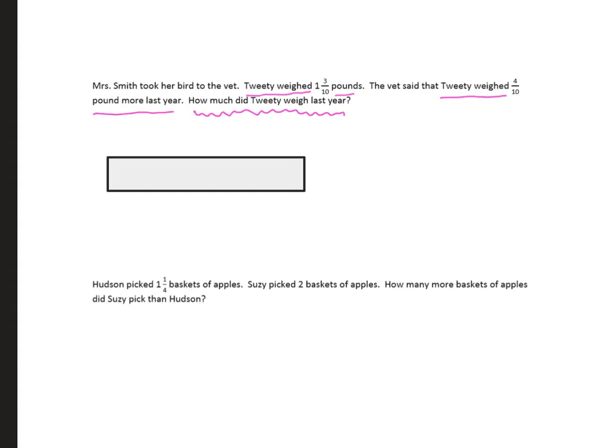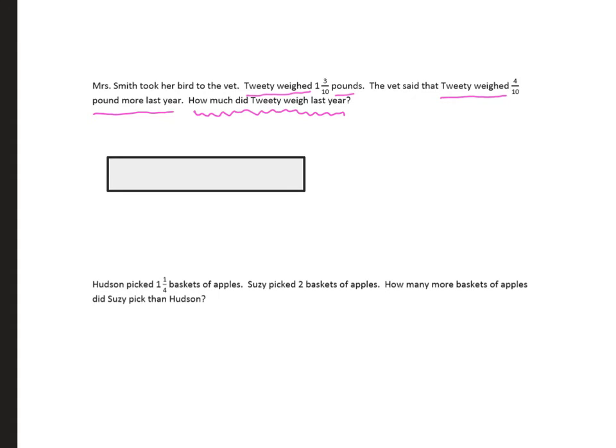Okay, so I know that this year Tweety weighed 1 3/10 pounds. So I'm going to show that on my tape diagram, okay?